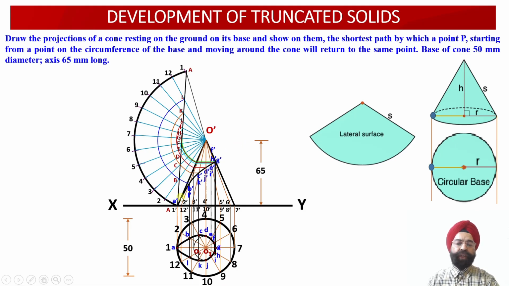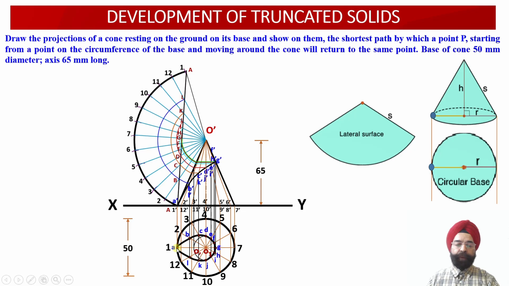So in the front view, the journey of the point P will be like this. The point P will be starting from this point, moving along the surface of the cone up to this point, and again moving back in the same fashion till it reaches this particular point A over here, right?